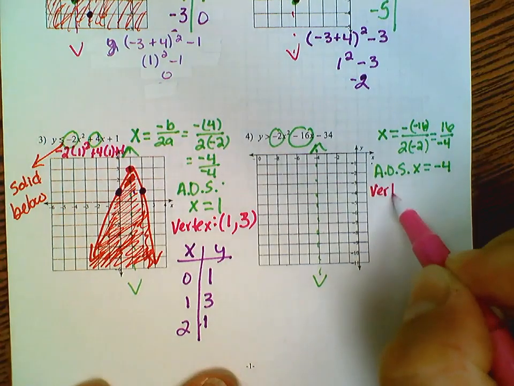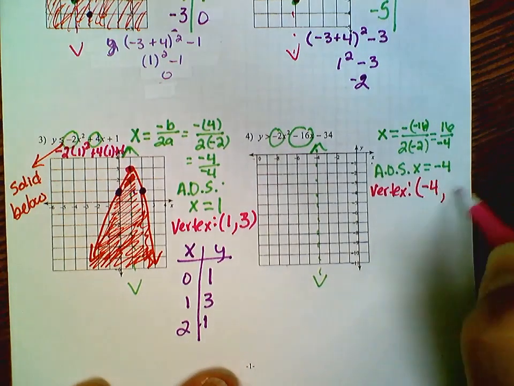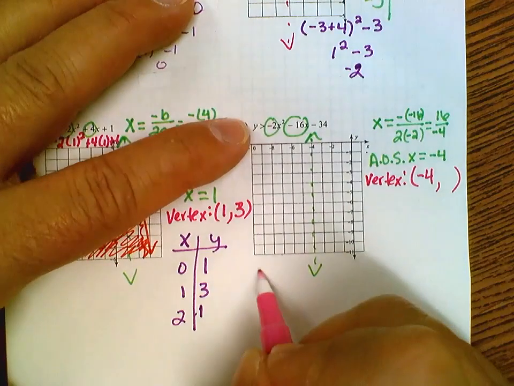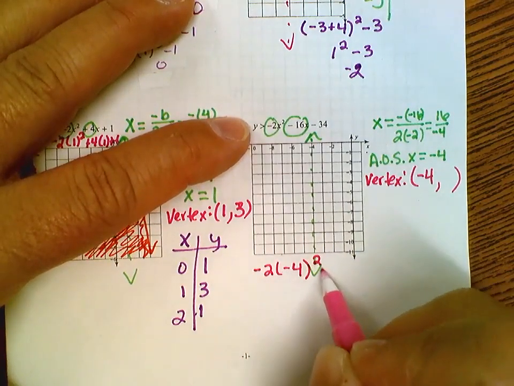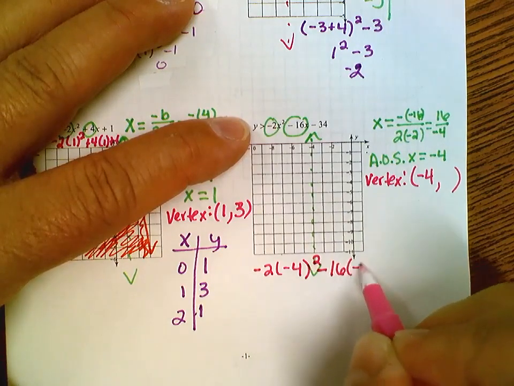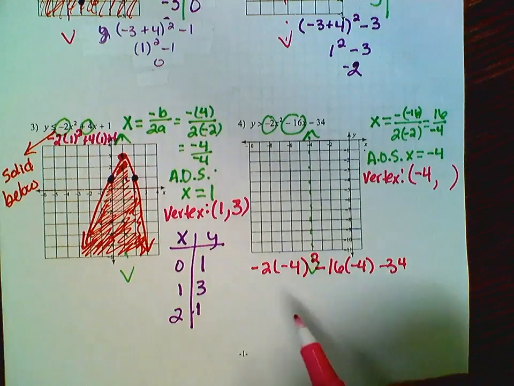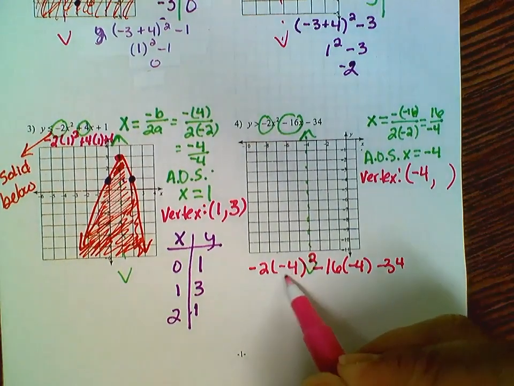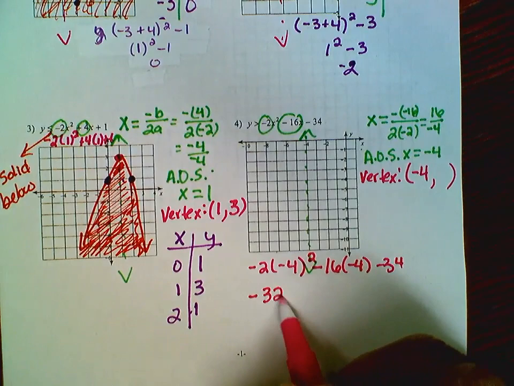And now I can find my vertex using that axis of symmetry. So if I plug negative 4 into this equation, I think I did that right. I have negative 4 times negative 4 is 16 times negative 2 is negative 32.